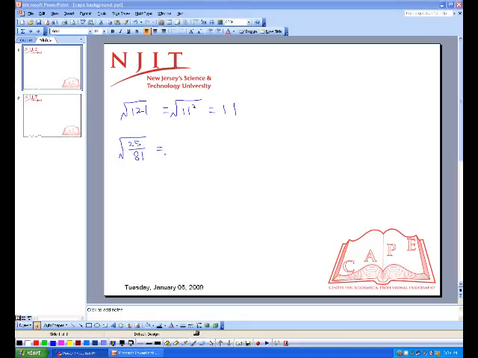Well, we know that 25 is 5 squared, 5 times 5 is 25, and 9 times 9 is 81, so 9 squared. So we can also write this as 5 over 9, the whole thing squared, right? So the square root of that will simply be 5 over 9, okay?